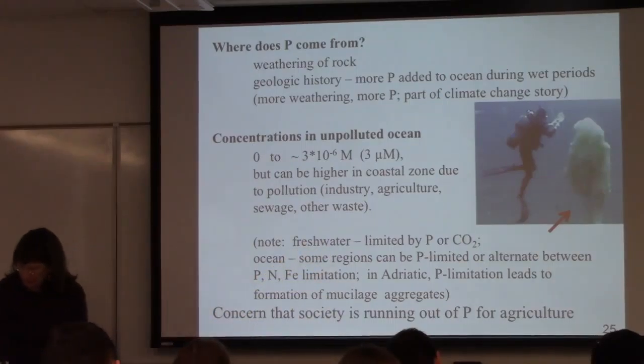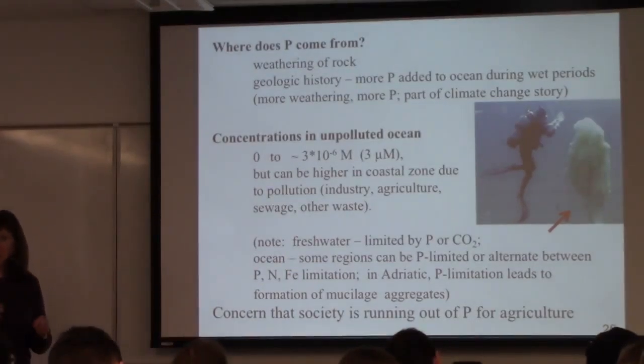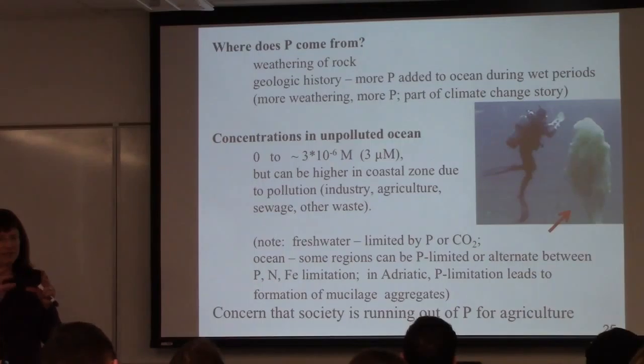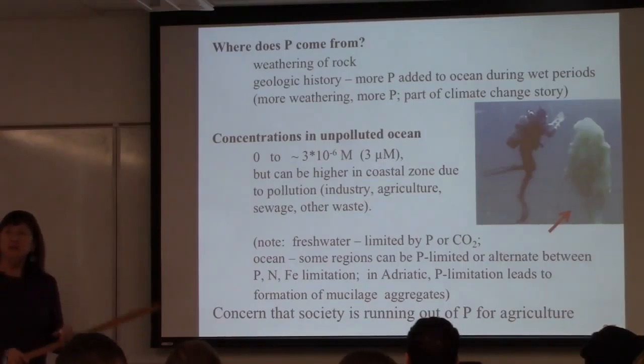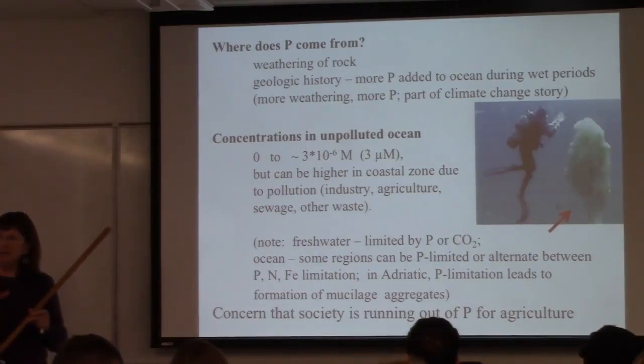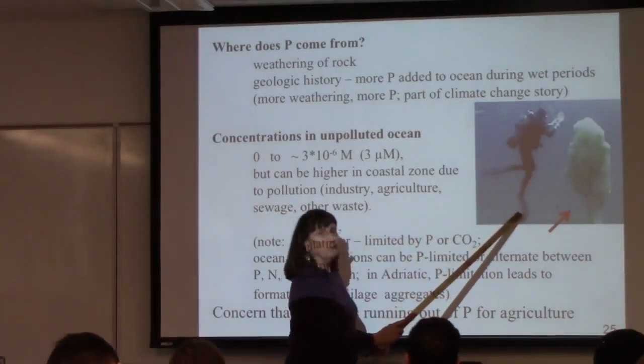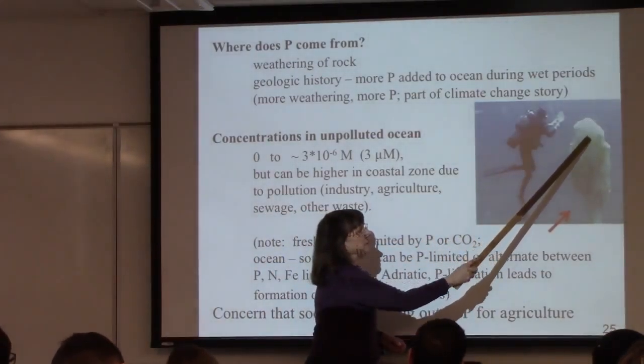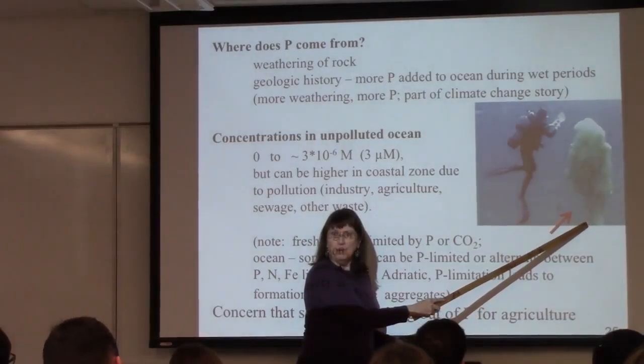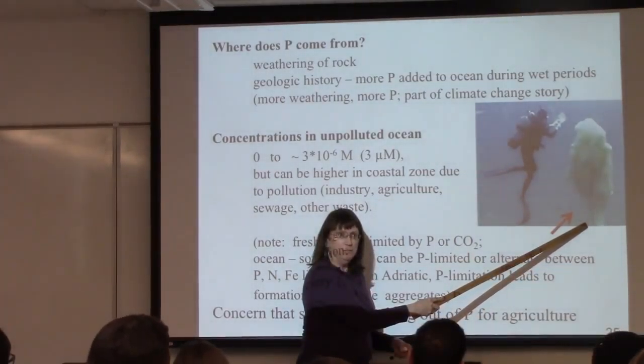And what happens when there's phosphate limitation is you sometimes get the phytoplankton forming these different kinds of organic compounds and excreting them. So in the Adriatic, it's very phosphate limited. There's a lot of calcium. And you see the scale of this is a diver. They have these aggregates that form as a function of phosphate limitation.